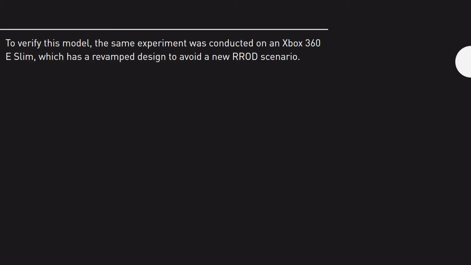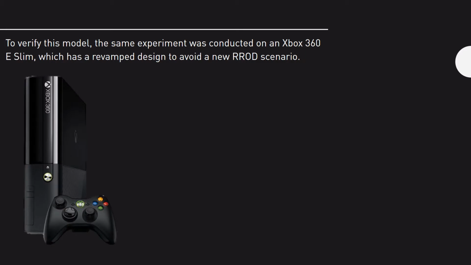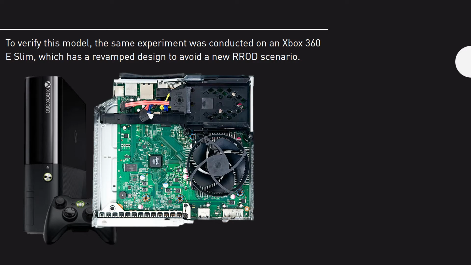But just in case, we went ahead and conducted the same experiment, but on a different Xbox model. And the reason for that is we wanted to make sure that this model would work for other heatsink and CPU applications. So you can see here that it's set up a lot different.